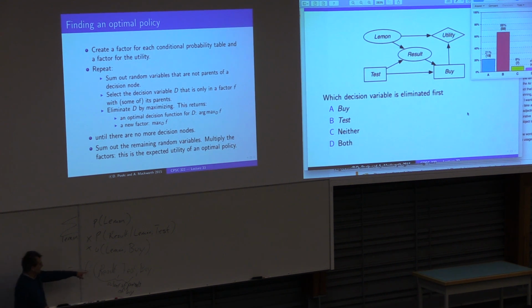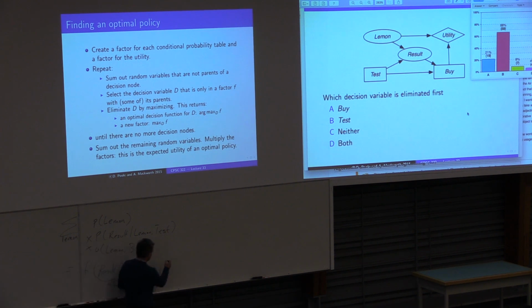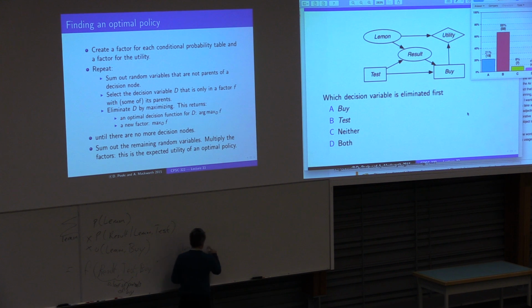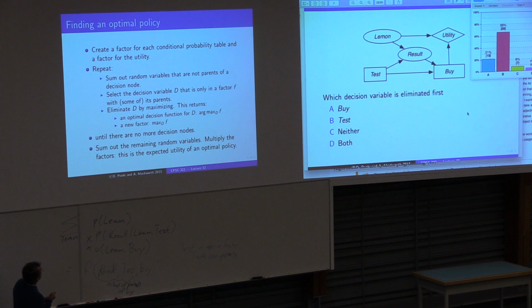But test is in a factor with other things that aren't parents. Test is in a factor with non-parents. We can't maximize it. Bi is only in a factor with parents, while this is in a factor with some non-parents.